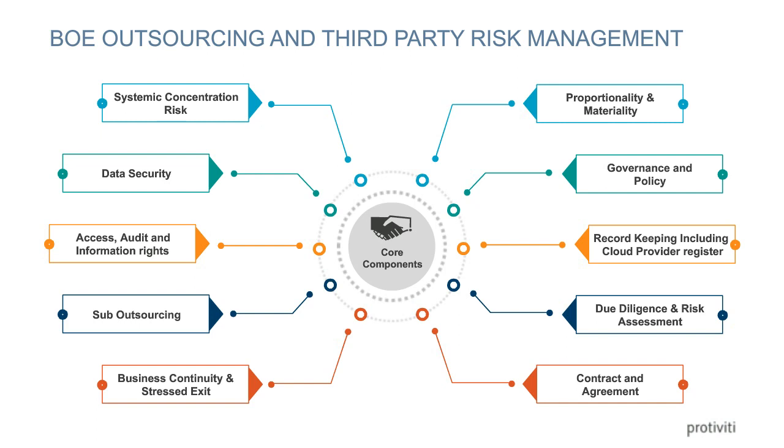One of them on the left-hand side, systemic concentration risk, as well as sub-outsourcing, come quite hand in hand. So we've seen that with the growing speed of cloud services, particularly Amazon Web Services and Azure, that first of all is introducing a lot of fourth parties, i.e. sub-outsourcing, but it's also creating potential systemic concentration risks.